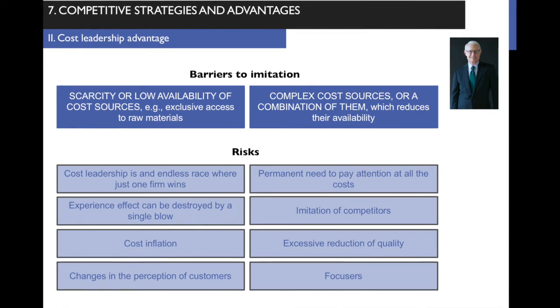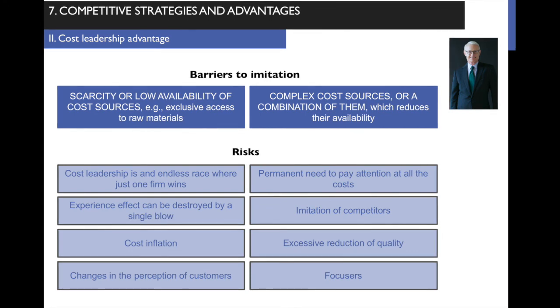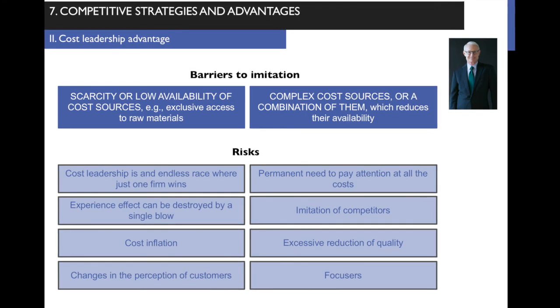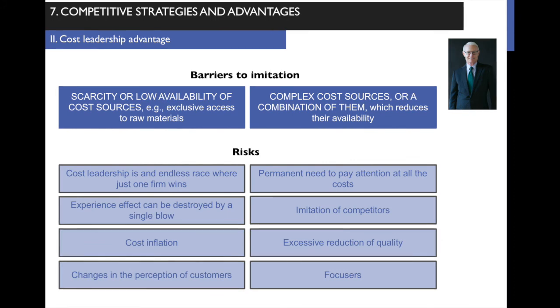Sometimes we reduce too much the quality of a product trying to reduce the costs. We eliminate things that we shouldn't eliminate, so our product is perceived to be cheaper, yes, but worse, and this is a problem. There can also be changes in the perception of customers.